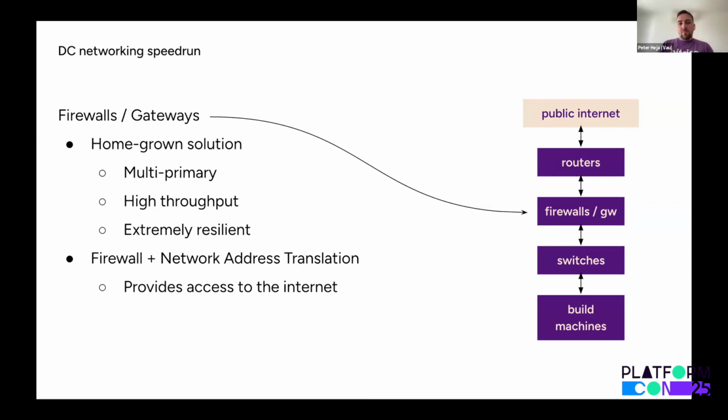And yeah, it's opinionated, but this is what we like, and we are fine with its drawbacks as well. We made it multi-primary, and we designed it to be not one-to-one, one active, one passive. It is extremely resilient and scalable, so you can have many nodes of this.